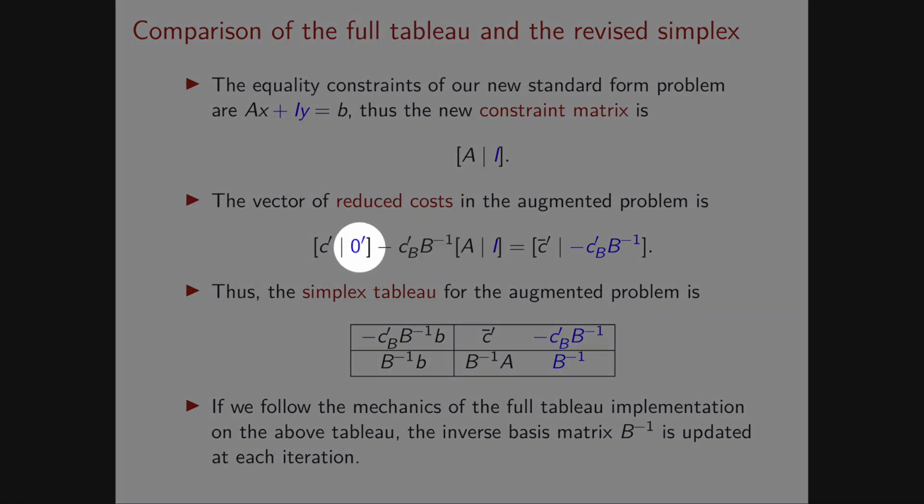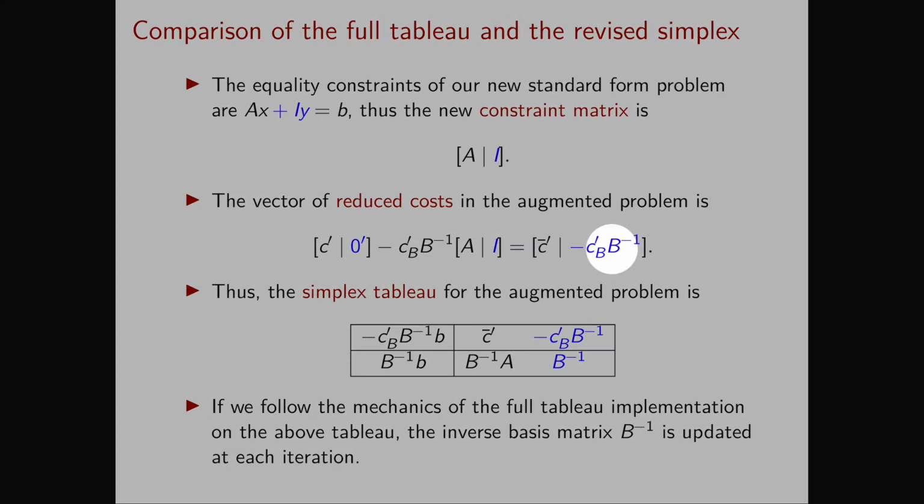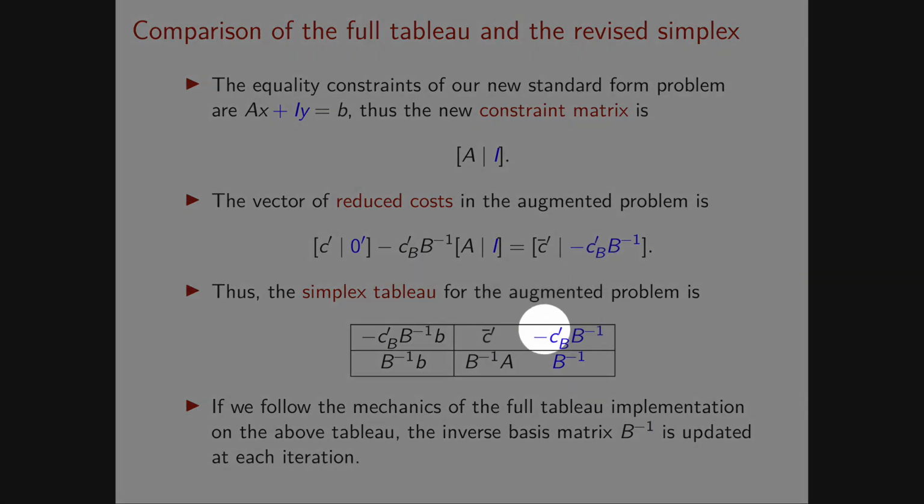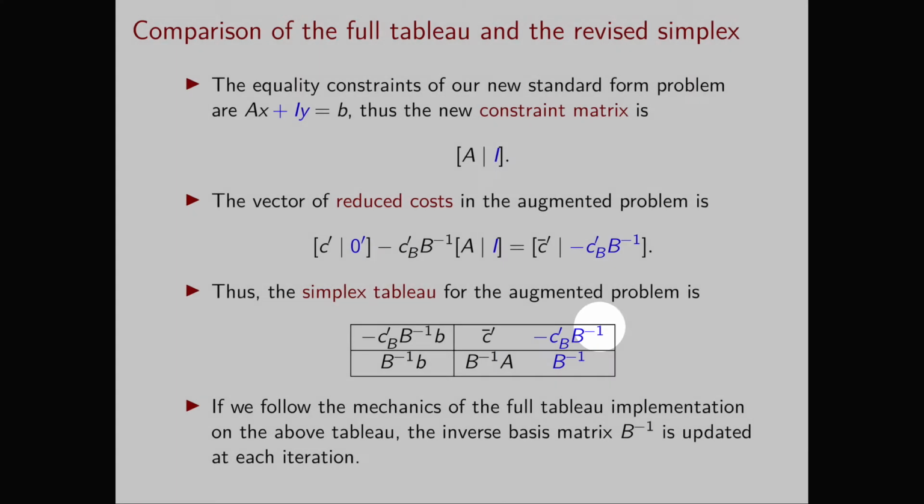The remaining m components are 0 transpose minus c_B transpose B inverse times the identity, and here we have it. So now I can fill in also the remaining part of the 0th row. Here I have c bar transpose and here minus c_B transpose B inverse.